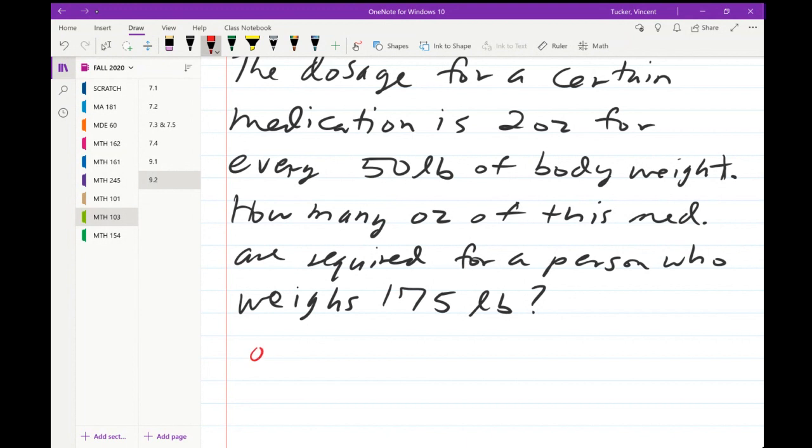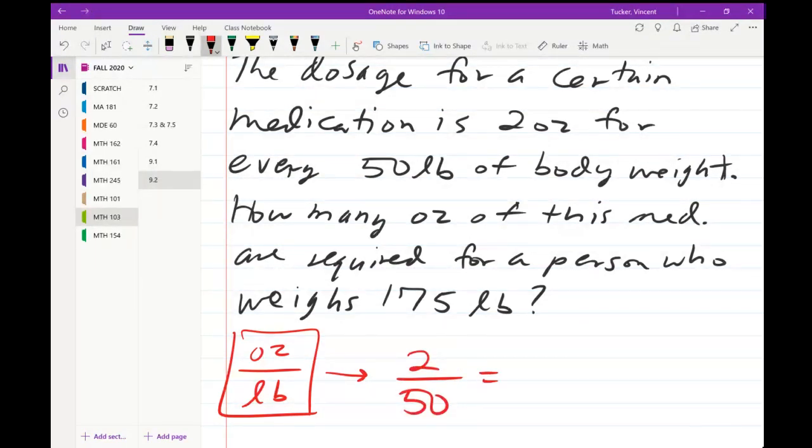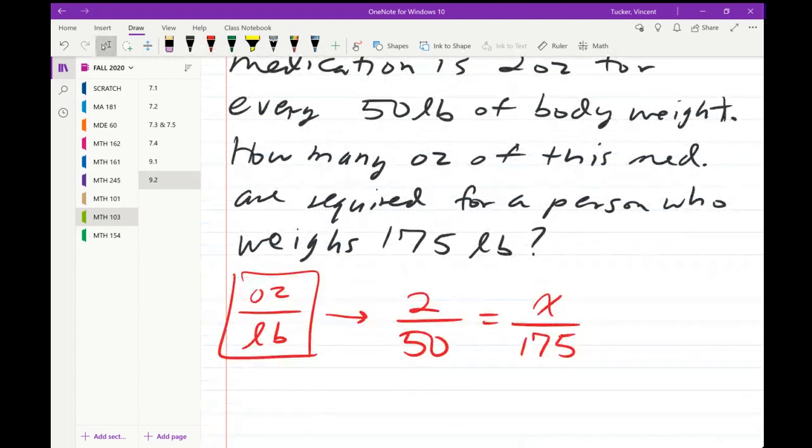Just stay consistent. We're talking about ounces of medication, pounds of body weight. So we're looking at 2 over 50 as our relationship. Then how many ounces of medication? That's our x. And 175 pounds.